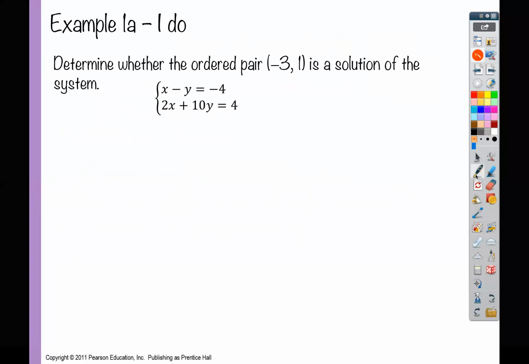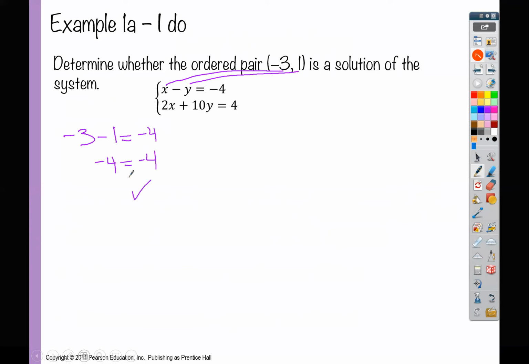So in example 1, we're going to determine whether (-3, 1) is a solution of the system. We're going to do that by plugging in the -3 for the x and the 1 for the y in both equations and seeing if they are true statements. So -3 minus 1 equals -4.